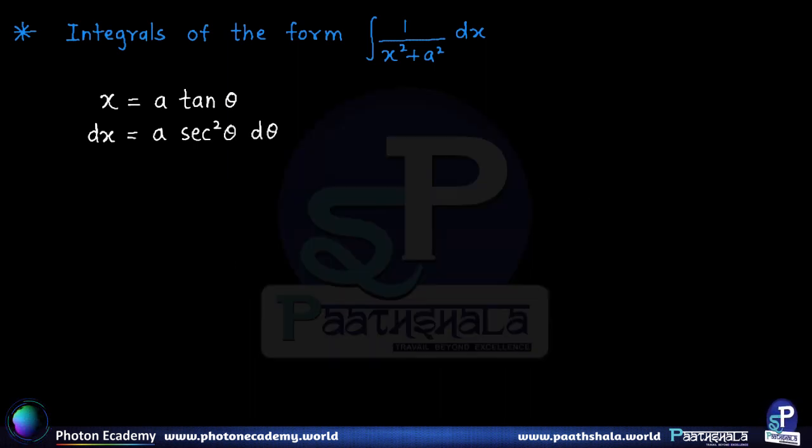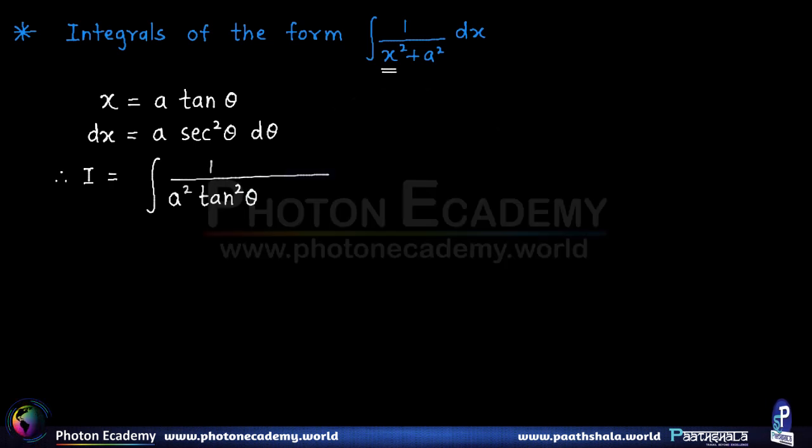Alright, so whenever we substitute these values in our integral, our given integral becomes 1 upon, now x square will become a square tan square theta, because we had put x as a tan theta, plus a square as it is, into dx, which is nothing but a sec square theta d theta.